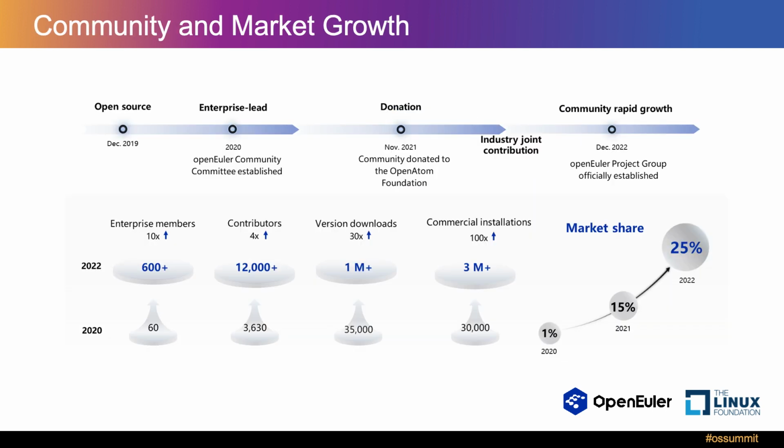The openEuler community started in 2019. In 2020, the openEuler community committee was established. In 2021, the openEuler community was donated to the Open Atom Foundation. After 3 years of development, the openEuler community has grown rapidly.